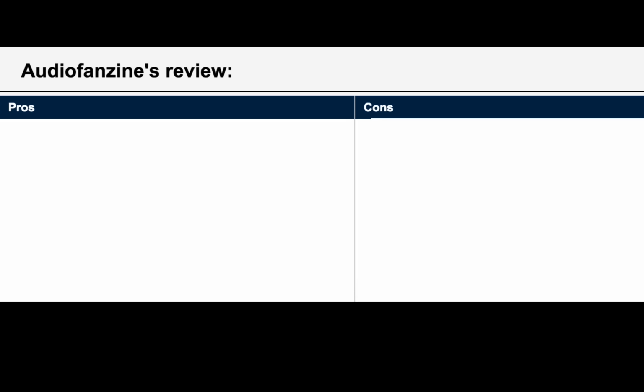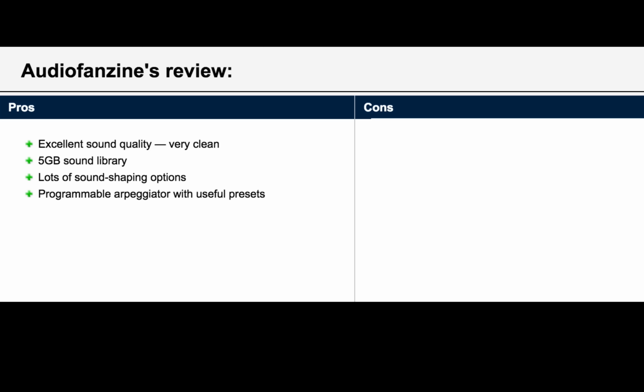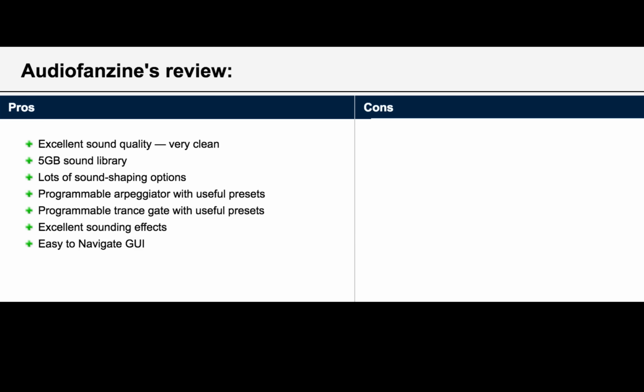Pros and cons. Pros. Excellent sound quality, very clean sounding. 5 GB sound library. Lots of sound shaping options. Programmable arpeggiator with useful presets. Programmable trance gate with useful presets. Excellent sounding effects. Easy to navigate GUI.